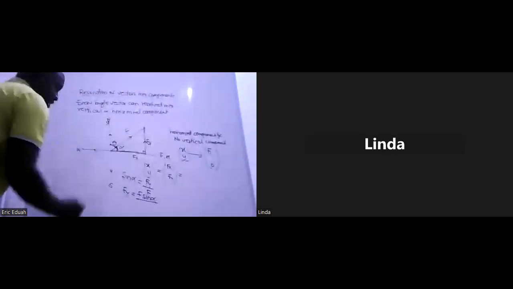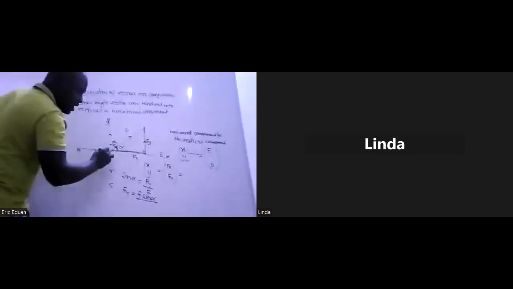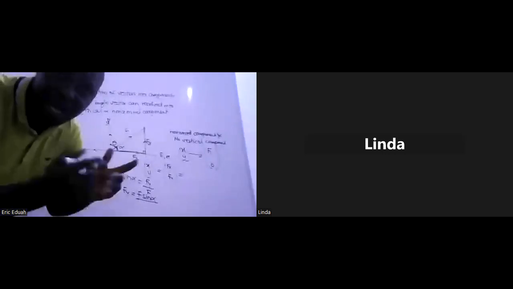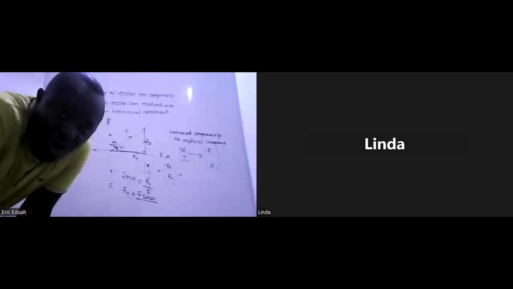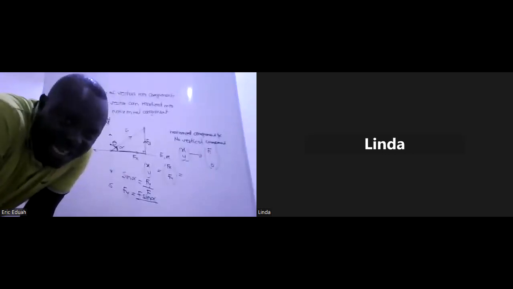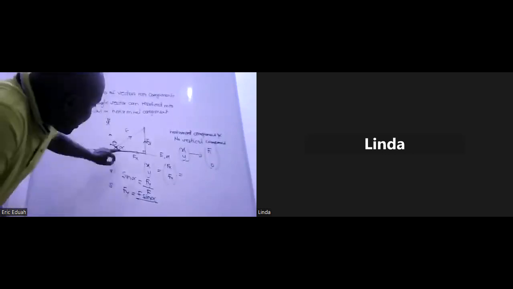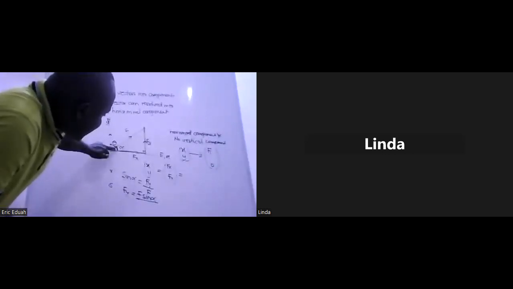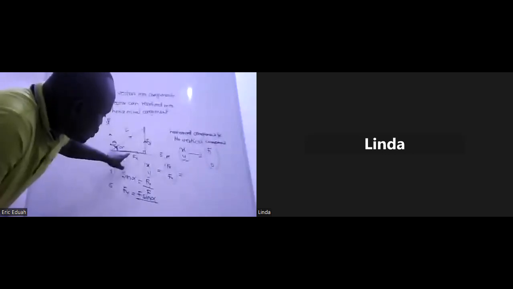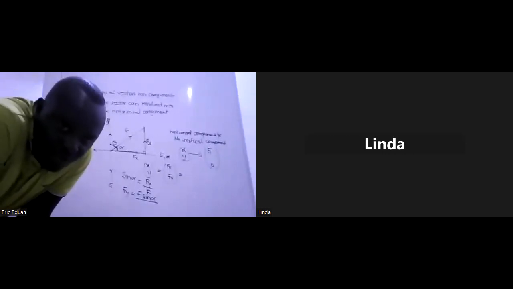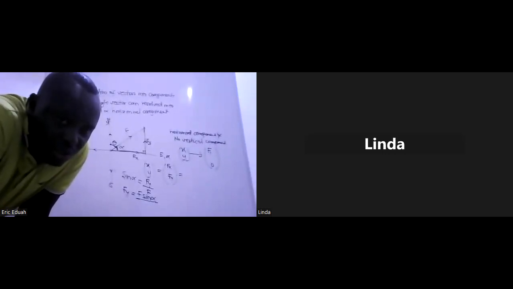Let's look for Fx. Whenever you are looking for the adjacent, the obvious trig ratio to use is the cosine, because cosine is adjacent over hypotenuse. Here you have the hypotenuse and the angle, so you use cos of the angle to get the adjacent. Are we fine? If you have a question, quickly ask before I continue.